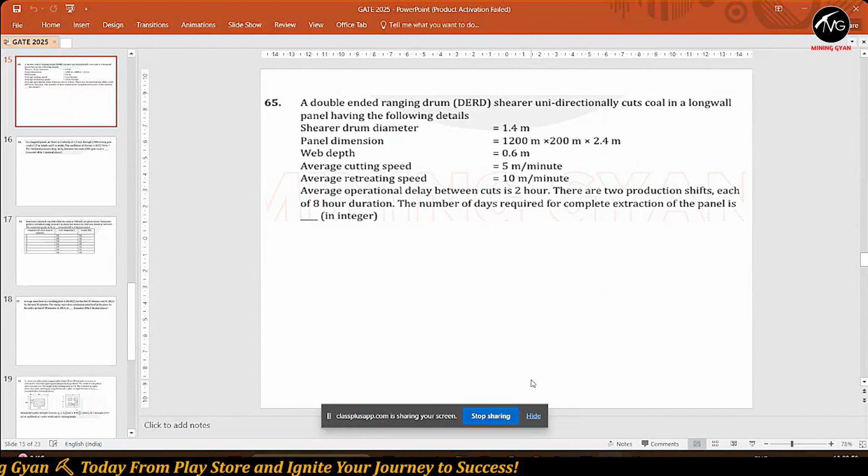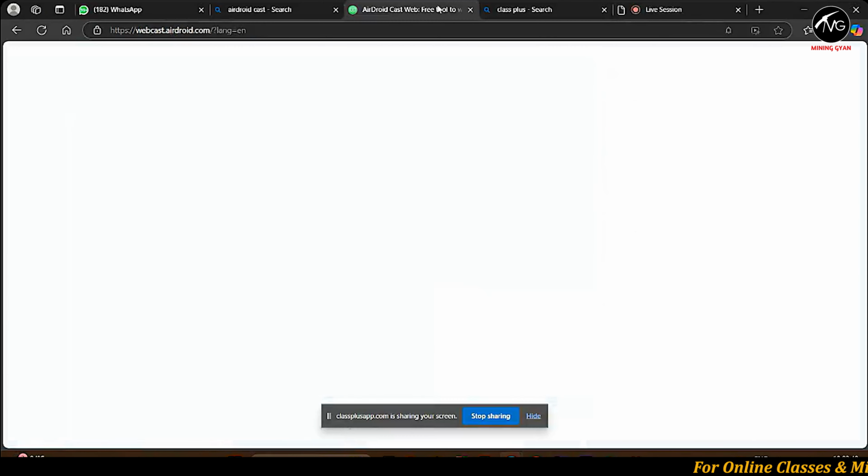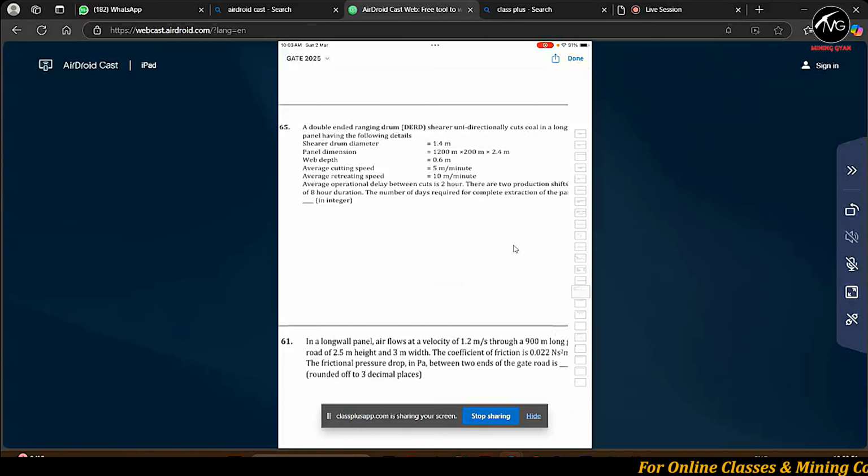The duration of the working shift had been almost 8 hours, and 2 such shifts run during a day. So at last the question asks the number of days that are required to complete the extraction of the panel, means how many days would be required for the extraction of the panel. Okay. So this is what the question is asking.